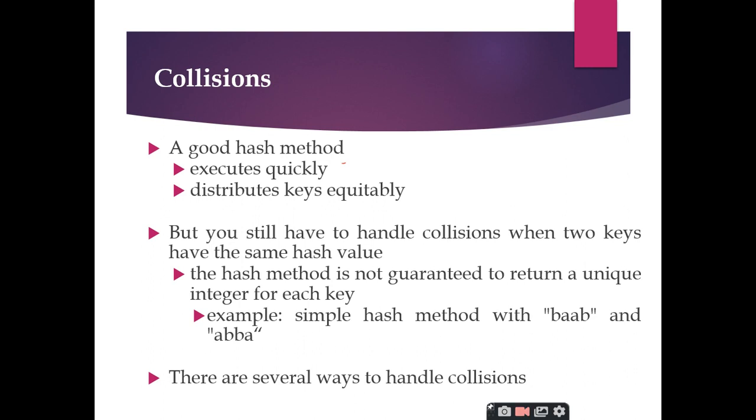You can define the collision in any way, but you should be in a position to define the collision in your own words. That is what I am saying, right? You can simply say that a collision is a situation where more than one value generates the same hash key.